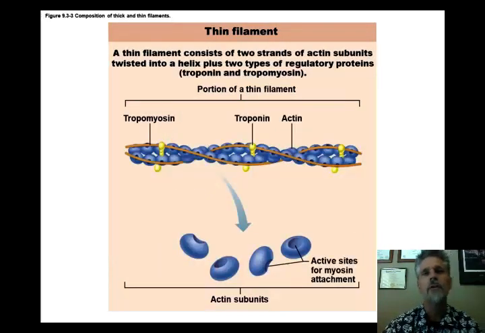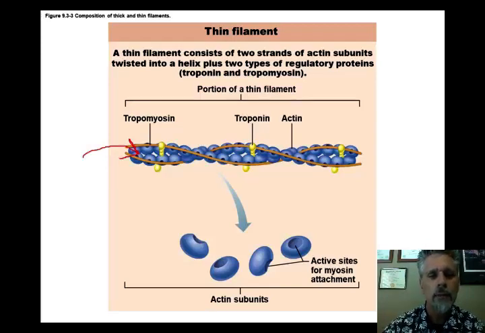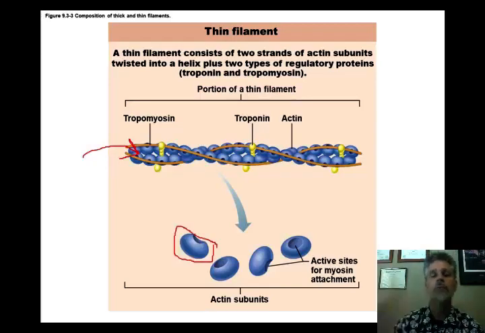Now the thin filament, interestingly enough, is a little bit more complex. So you see this blue layer in here, right? It's like a string of pearls. Those are the actin molecules. So these are the actin subunits. And so those are strung together like, maybe like a string of pearls, right? But notice it's not just the actin subunits. We also have these other ones that are called troponin and tropomyosin.